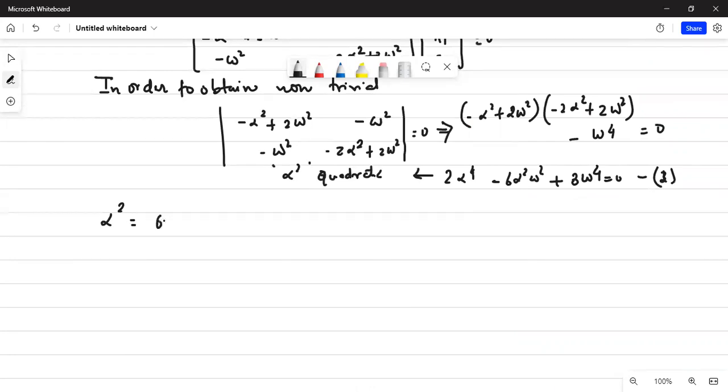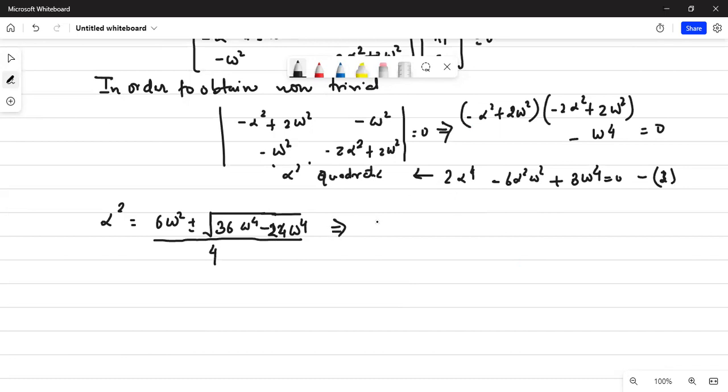So alpha square will be 6 omega square plus minus root over 36 omega to the power 4 minus 24 omega to the power 4, divided by 4, right? Divided by 4, because 2 is here.